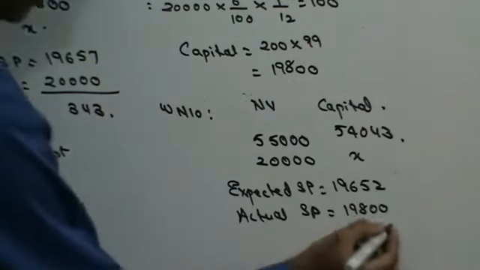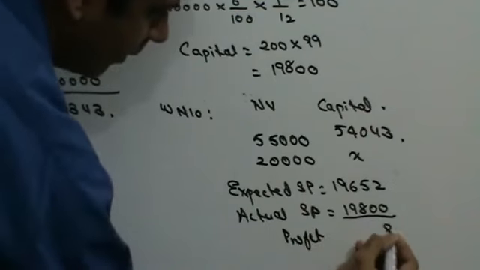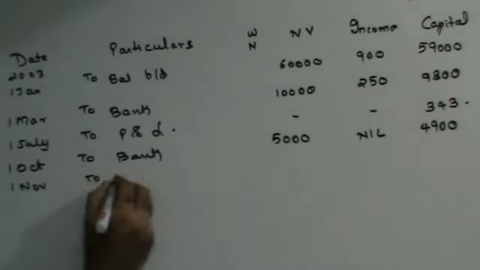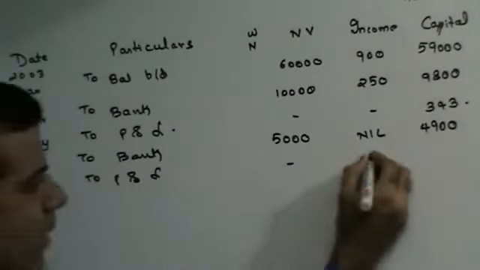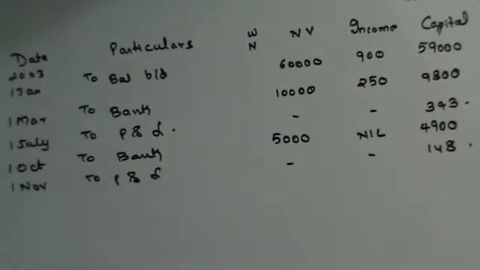Instead I've sold them at 19,800. That means I'm making a profit. Someone tell me how much is the profit? 148. Profit on the debit side, 1st November, to P&L, I'm making a profit of 148. Right? Okay. That's it.